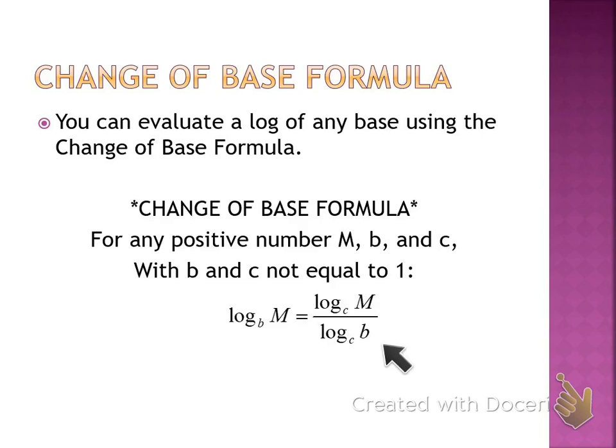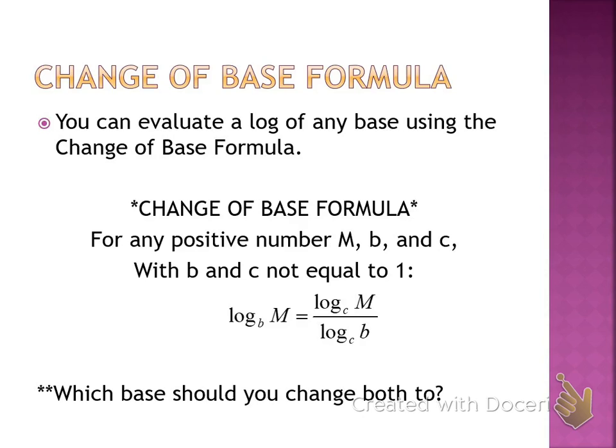B down here, meaning it came from the base over here. So this is telling us that we change it to some base. In my mind, I like to think that's why they use a C. That's the base we're changing it to, top and bottom. The M came from the number that we were taking the log of. The B was our original base.